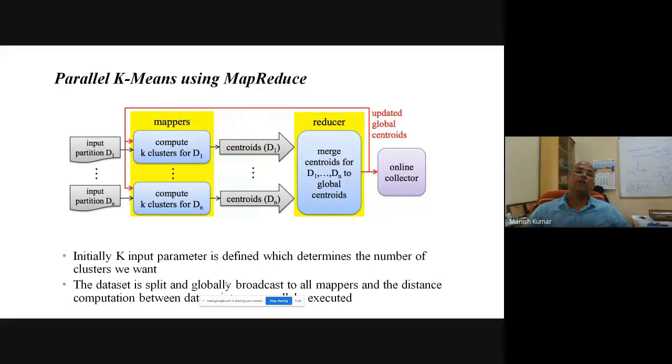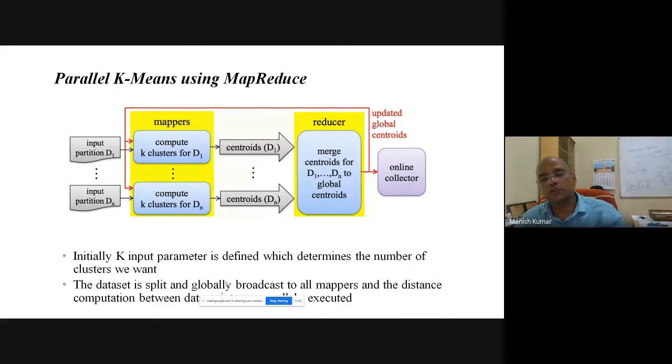And the beauty of this is that whatever clusters the individual terminals have formed, all those clusters have the same set of global centroids, and based on the global centroids we can merge n number of clusters into one cluster.